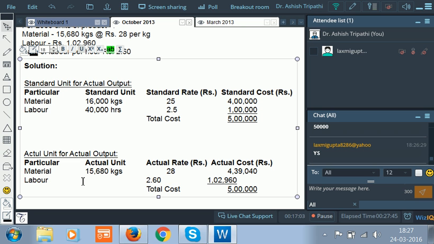So I think we can find actual hours. We'll have to divide 1,02,960 divided by 2.60. So actual hours will be 39,600.